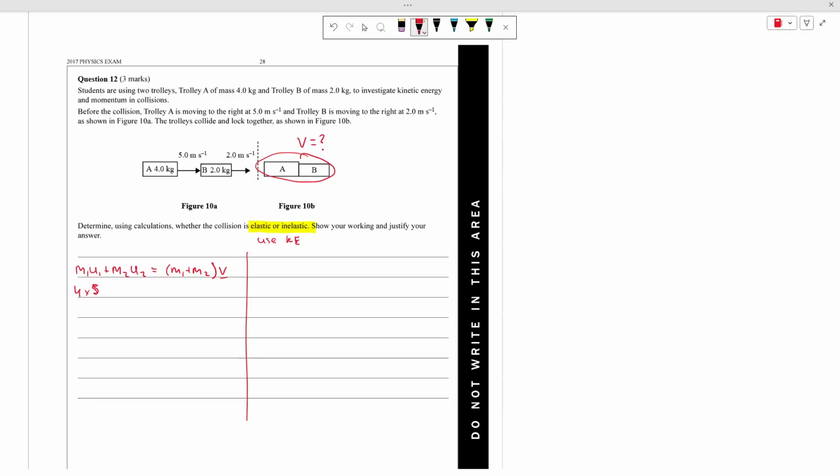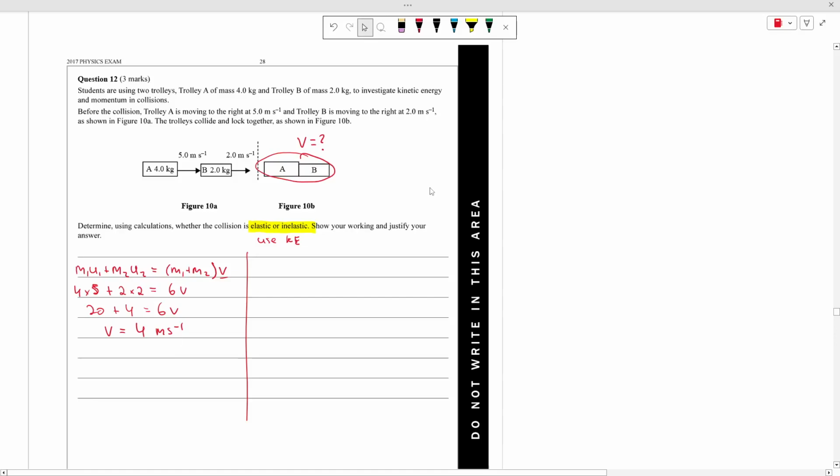We're going to say to the right is the positive direction, and B is 2 kilograms traveling at 2 meters per second, and that's going to be equal to 4 plus 2, which is 6, times v. 4 times 5 is 20, plus 4 equals 24, divided by 6 is 4 meters per second.